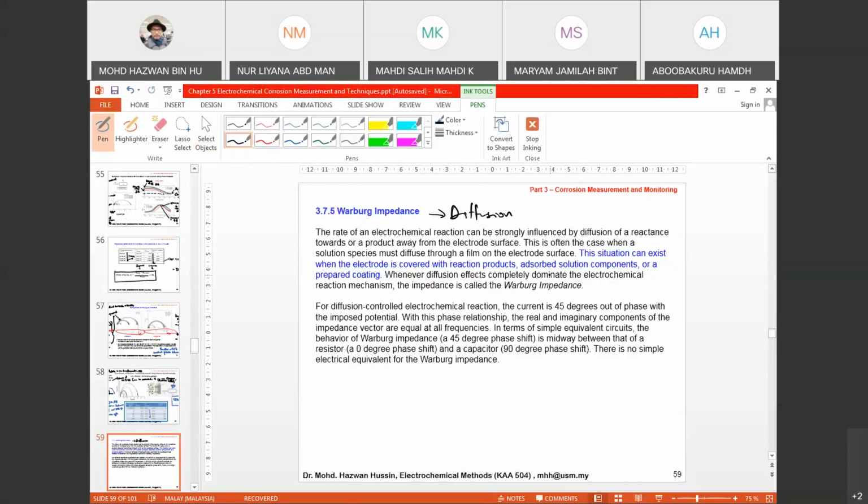Mahdi, do you still remember how diffusion happens? Not electrostatic, not migration. Because of the concentration.